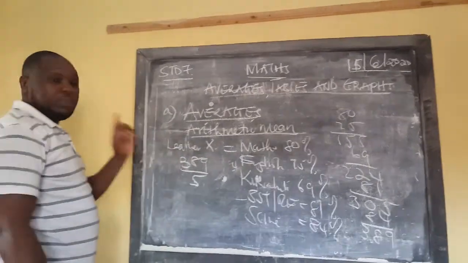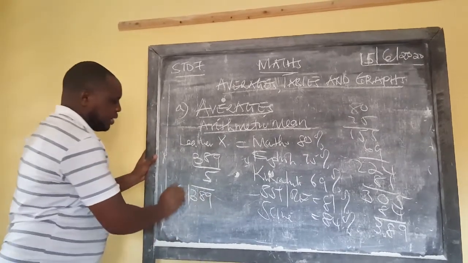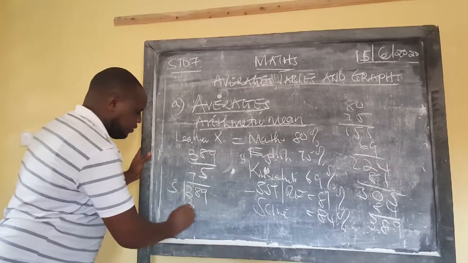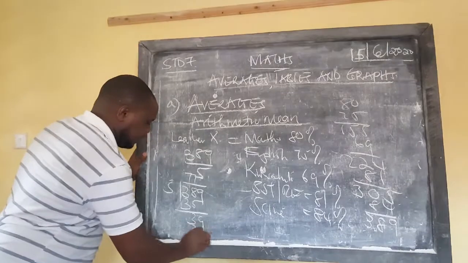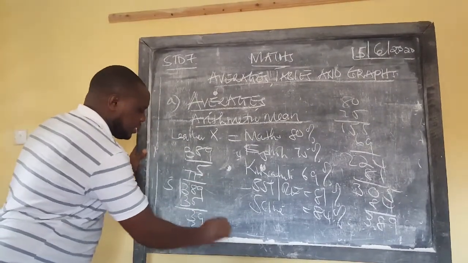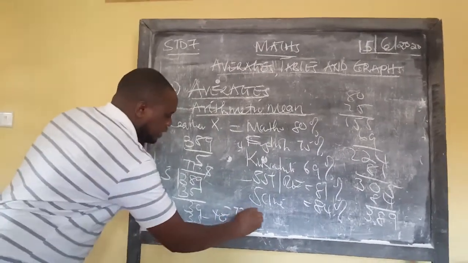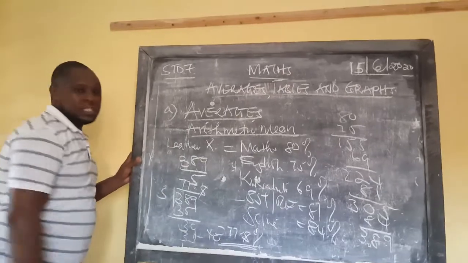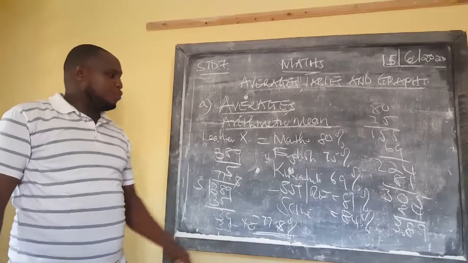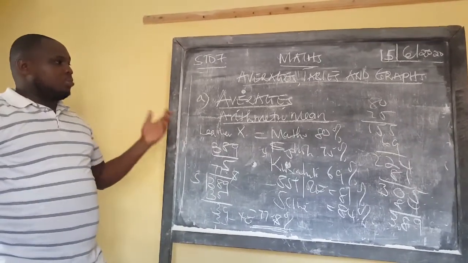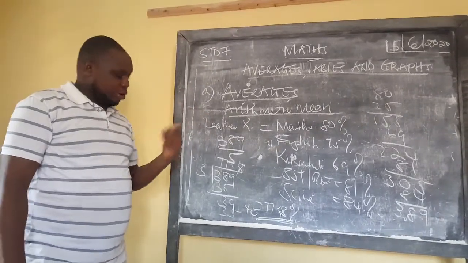So the mean per subject will be 389 divided by 5, which gives 77.8. That learner got an average of 77.8% in each subject. In this case, average or mean means the total of the items divided by how many items there are, the number of units.